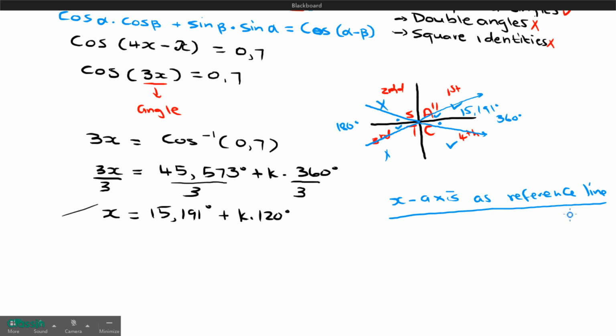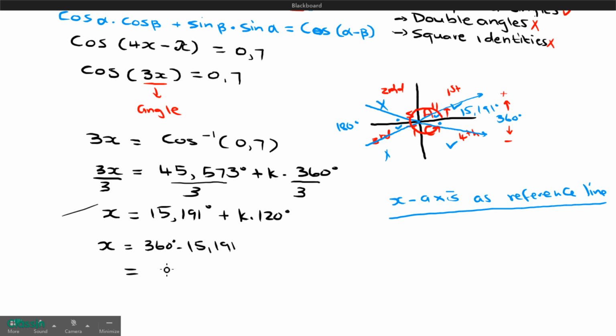Now, when we move from here to there, the angle is 15. What happens when we move from here until here? When we go down, we subtract, but when we go up, we add. So our solution is going to be x is the same as 360 degrees minus 15,191.